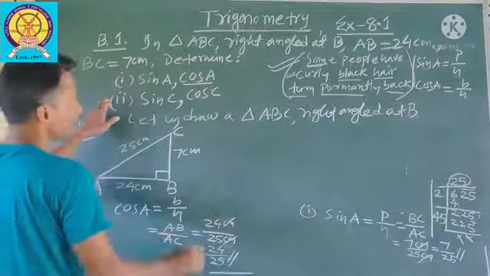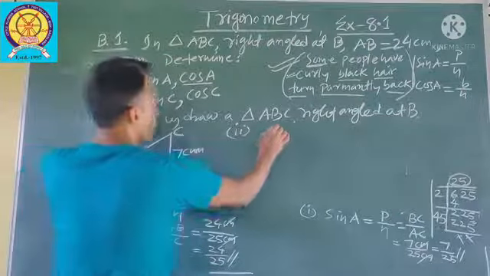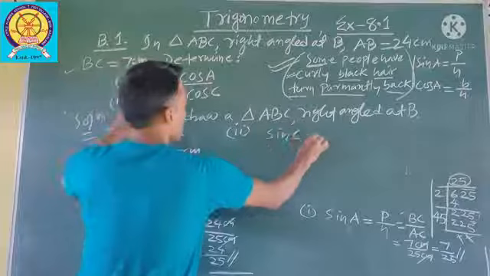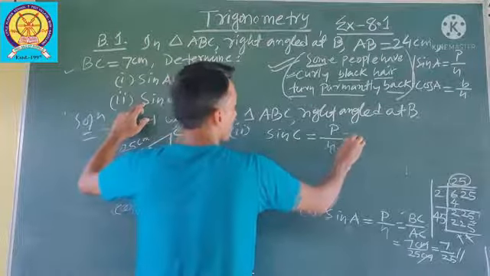Now you see number 2, sin C. Sin is perpendicular by hypotenuse.